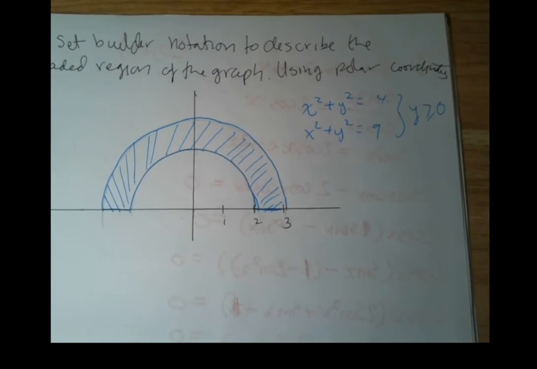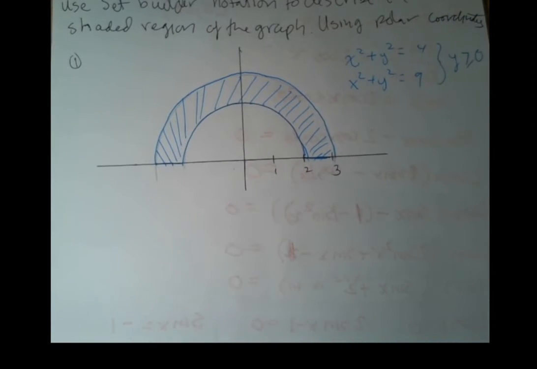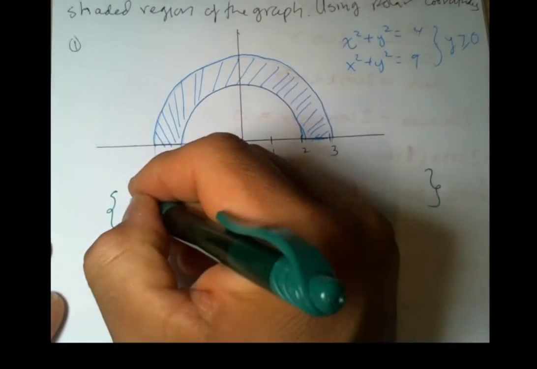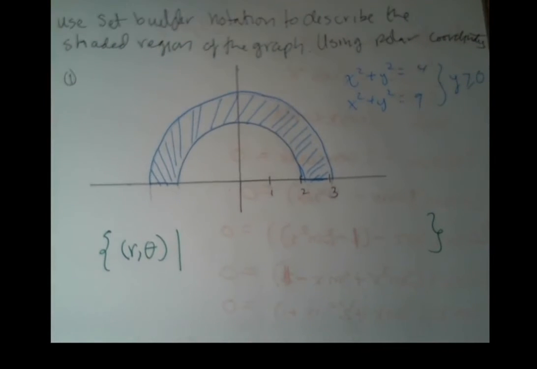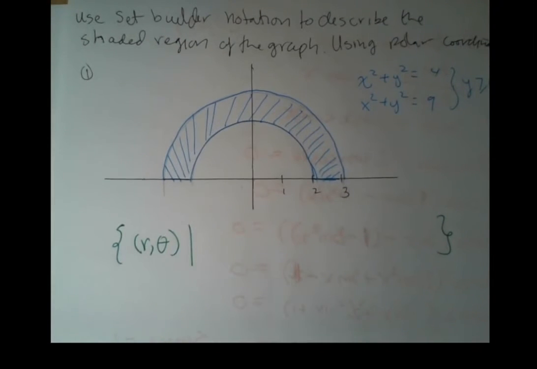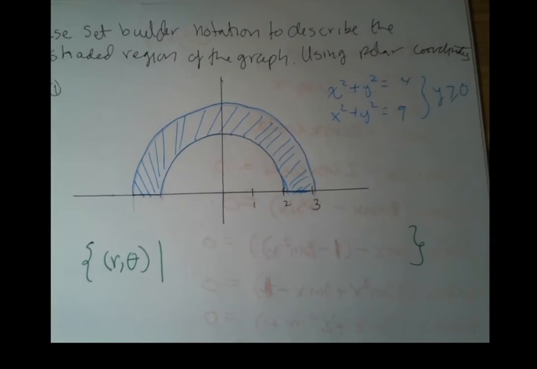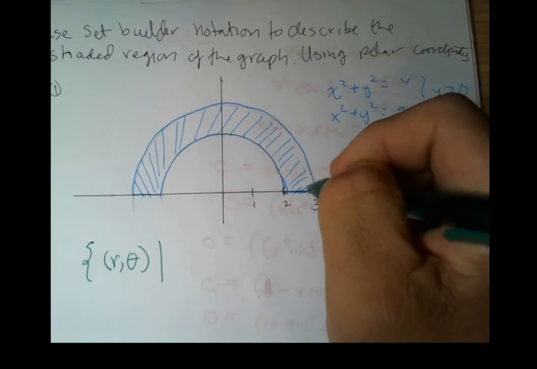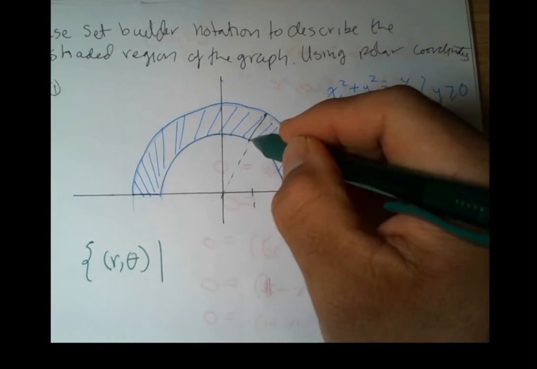In terms of set builder notation, we're going to have curly braces to signify our set. It's in polar coordinates, so (r, theta) such that, and in here we need the values that describe r. As we look at this, the values of r, regardless of where we're at, range from 2 to 3. That's the distance from the pole.